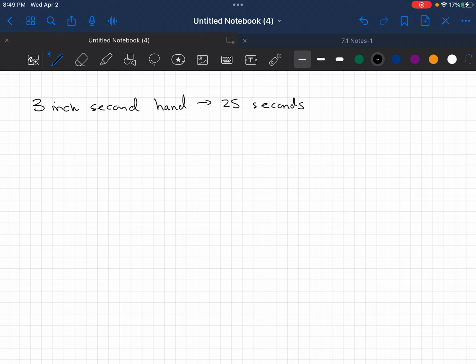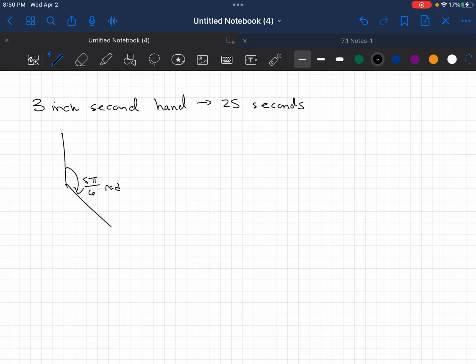Based upon that, we're going to be able to turn the angle that the second hand goes through into an angular speed, and the distance that the tip of the second hand travels into a linear speed. So we knew it went 25 seconds, and we calculated, using 25/60 times 2 pi, that it was 5 pi over 6 radians.